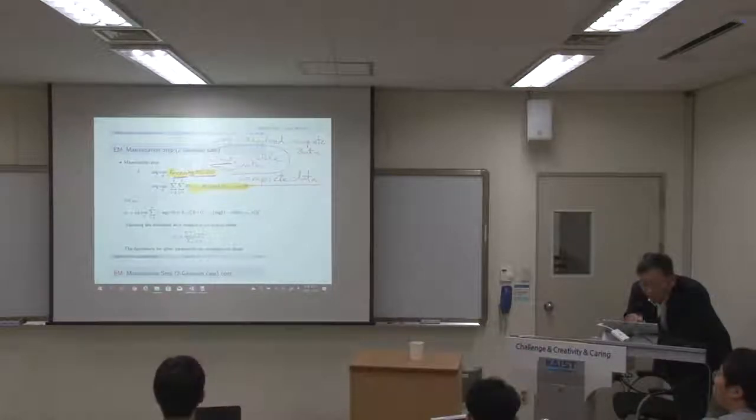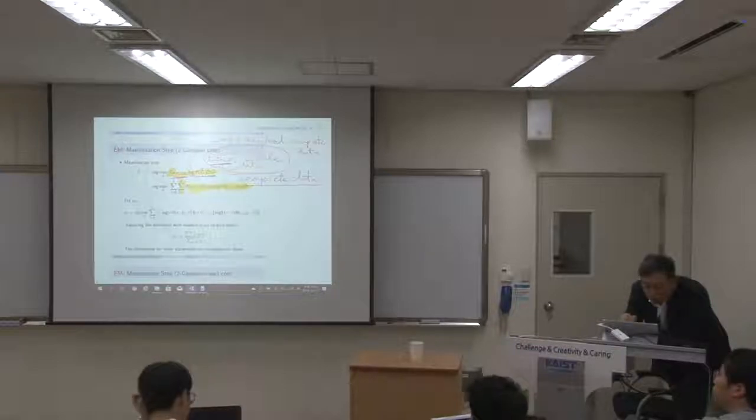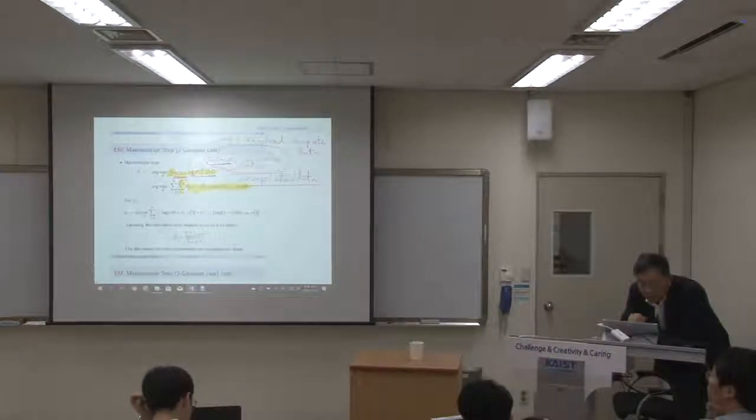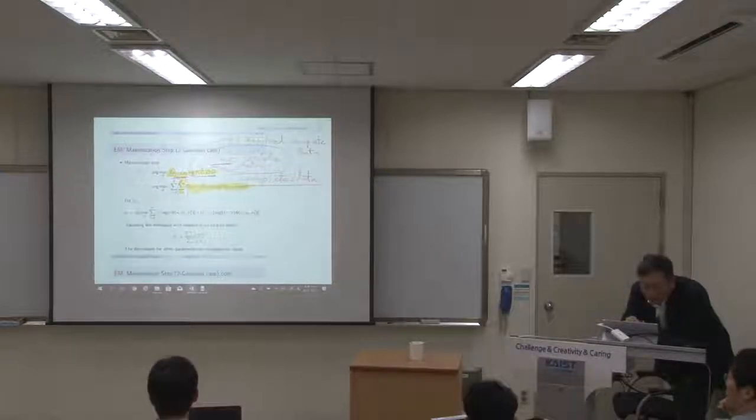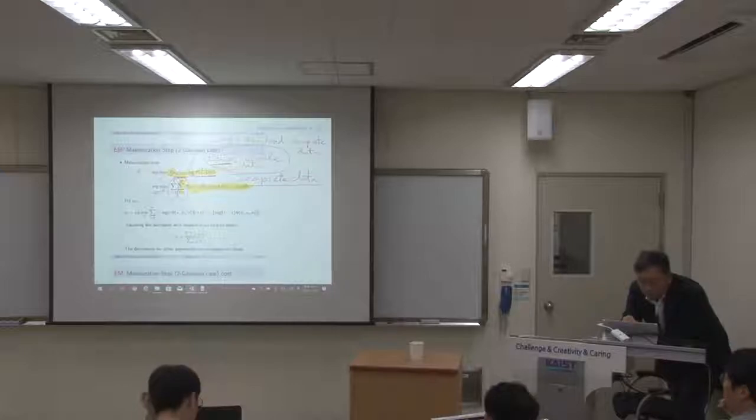You're doing expectation, so you do it over all, over all the latent variables and all data. Okay, so you know all this form. This is called the gamma. The log of that is that.